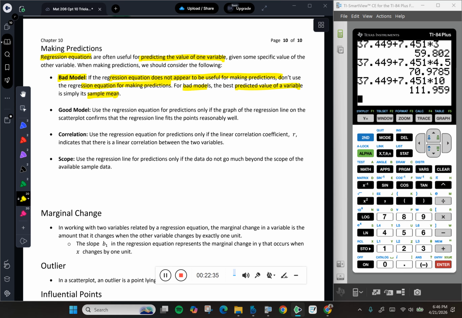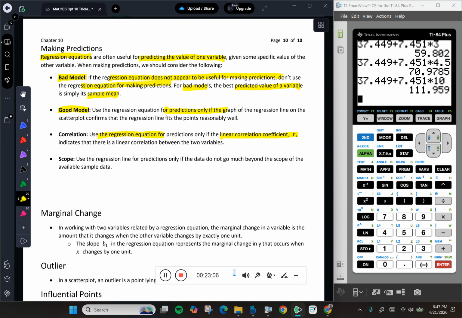If you have a good model, like what we had in the last one, you can use it for making predictions, but you need to be careful that you don't extrapolate too far. Because if you extrapolate too far, you can get wonky answers that, if you think about them for a second, no way could that make sense. Correlation: only do that regression equation when the correlation tells you should.